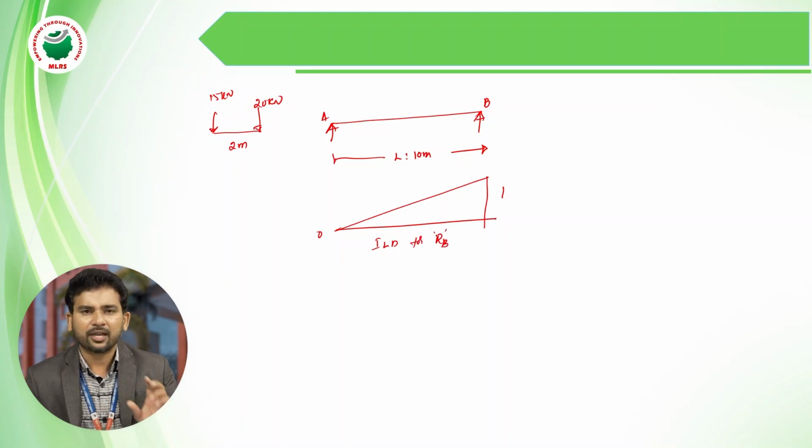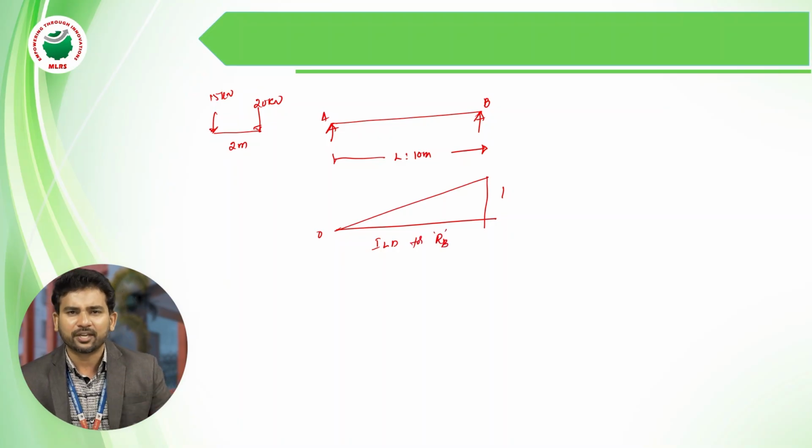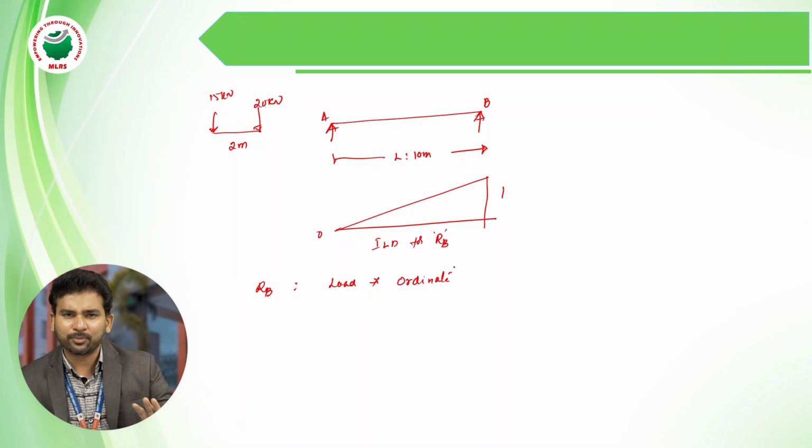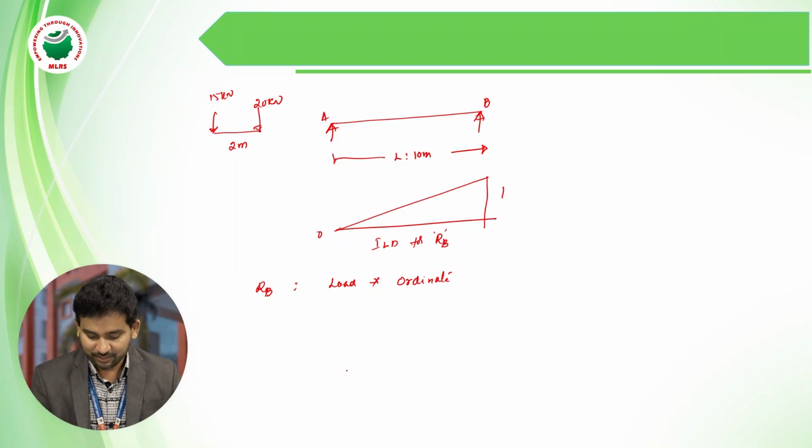In the question they have clearly mentioned that they are asking for the maximum reaction. So now reaction RB equals load into ordinate, the same. If we want to get the maximum reaction, then where will we keep the load? It is a reverse case.